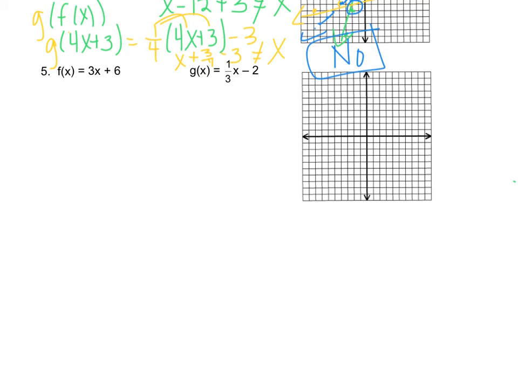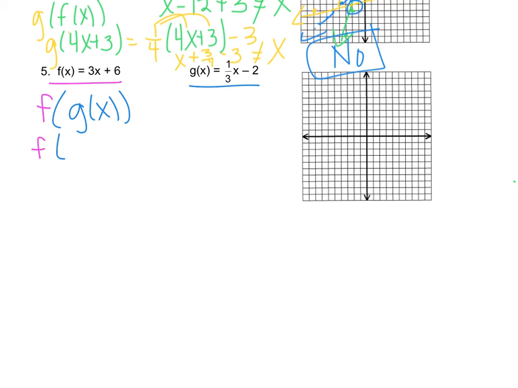Okay, so number 5. First, algebraically. So I'm going to do f of g of x. So my input is g of x.